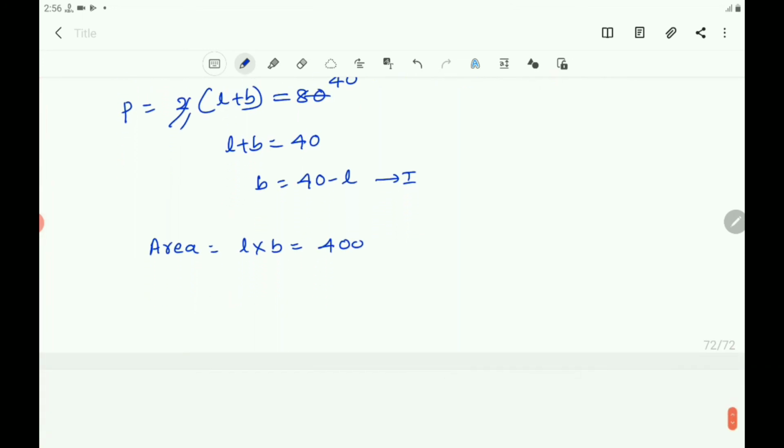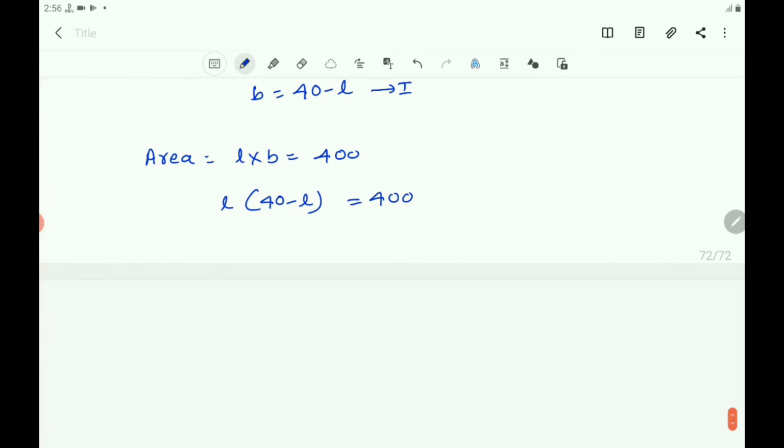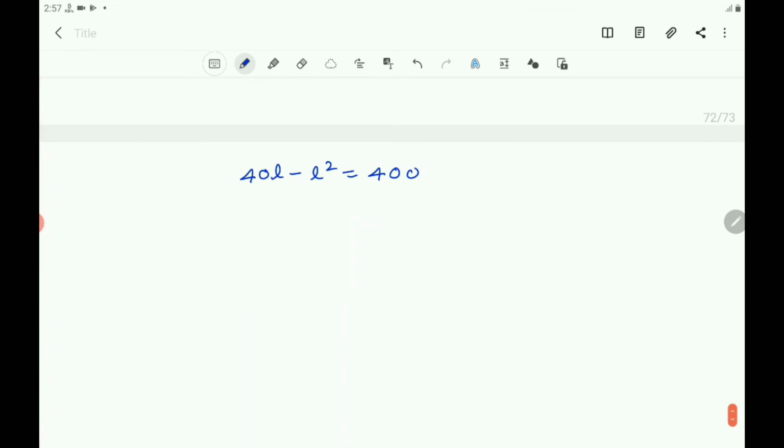You take L, and B is 40 minus L, so L into (40 minus L) equals 400. L into 40 is 40L, minus L into L is L square, equals 400.